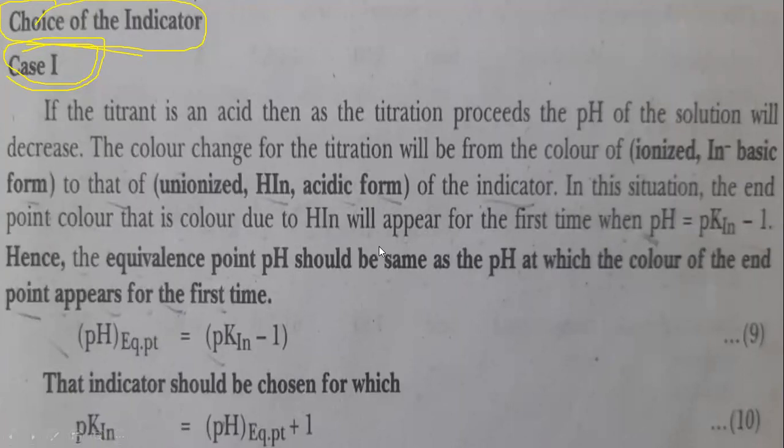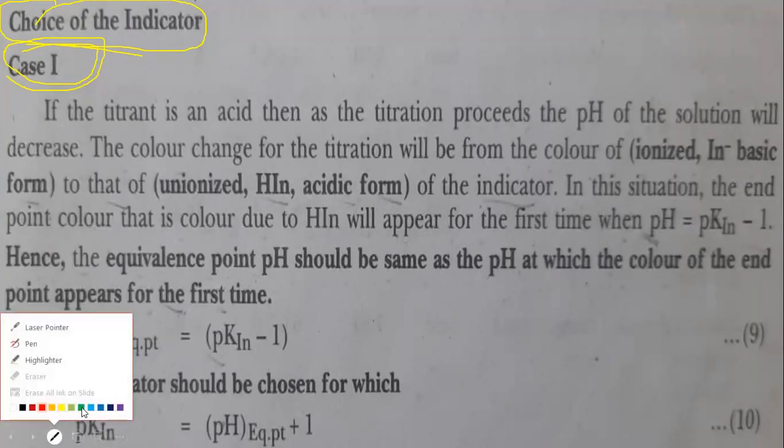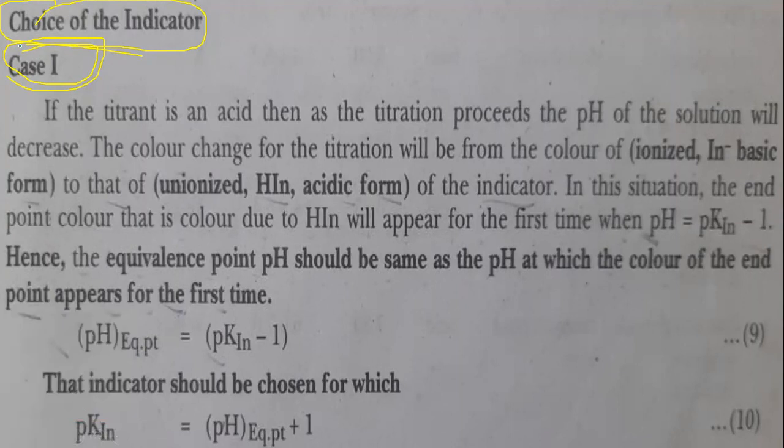So in the last lecture, we have seen the pH scale. In this lecture, we will see two cases. As we know, every indicator is in two forms: one is ionized form, another is unionized form.